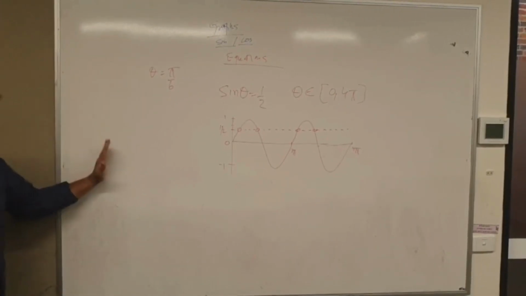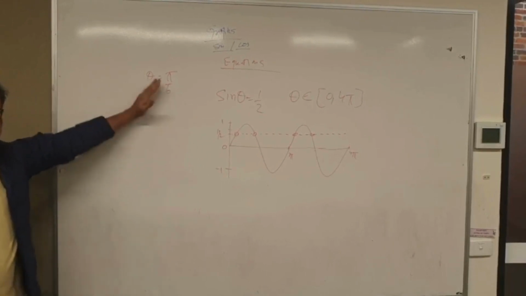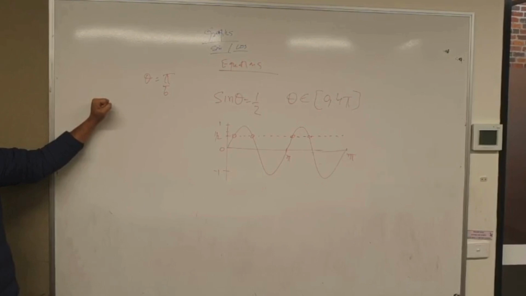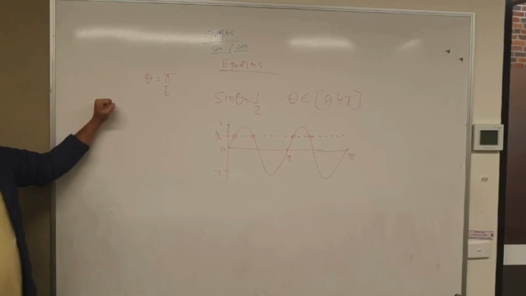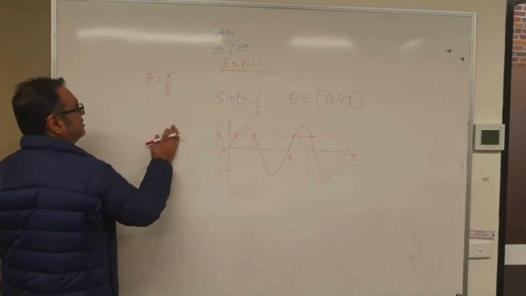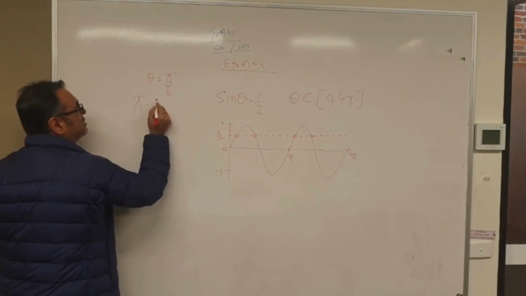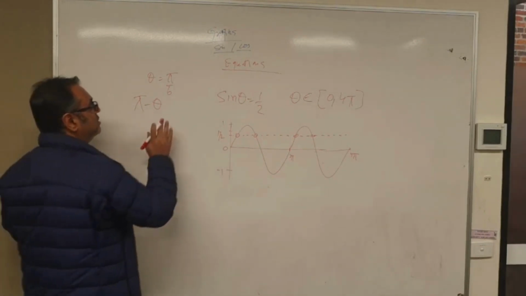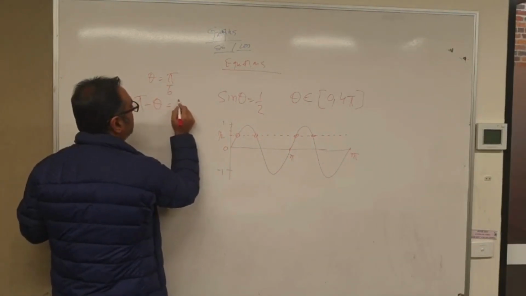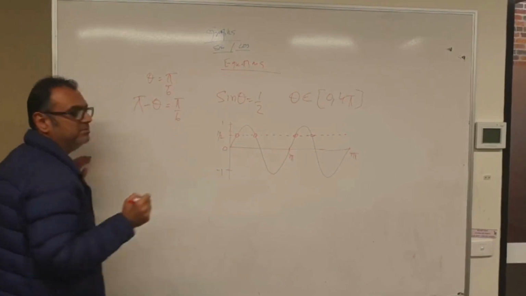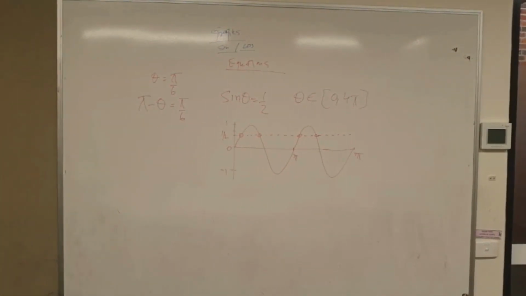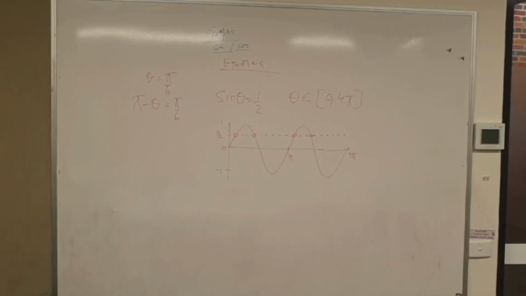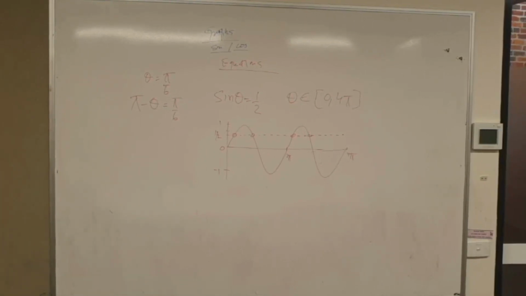A, S, T, C. A, S. 1, 2. Second quadrant also sign is positive. What is the reference angle to the second quadrant? Pi minus theta. Right? So what would that be? Pi minus theta equals to what? Pi by 6 is what I'm saying here. What will be the second quadrant value? 5 pi over 6.